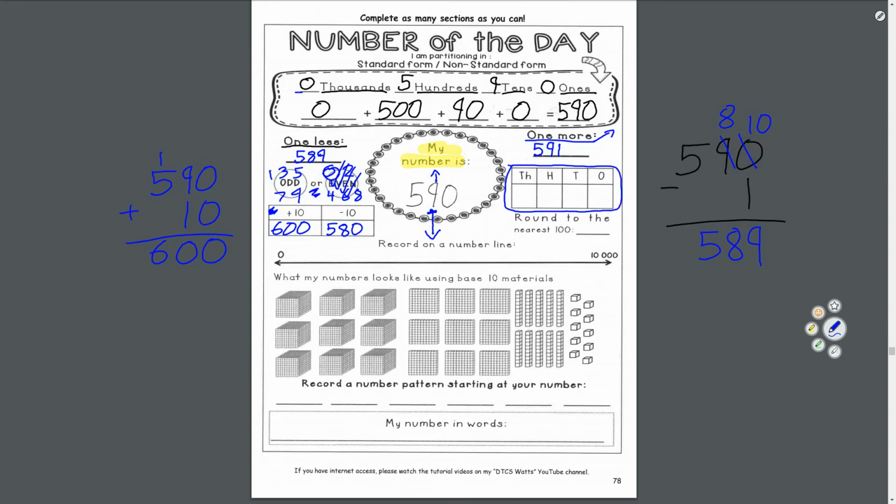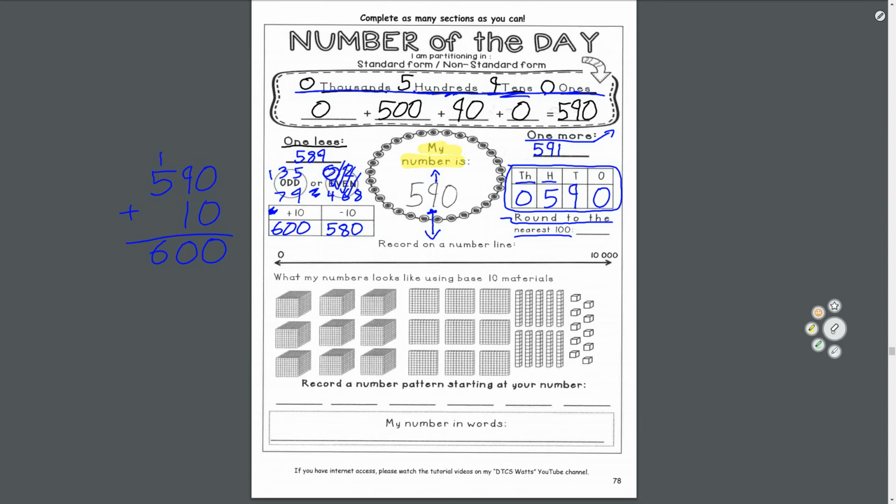Place value chart over here. We can just use what we did up here. So thousands place, we had 0. Hundreds place, we have 5. And tens place, we have 9. And ones place, 0. Right here, round to the nearest 100.